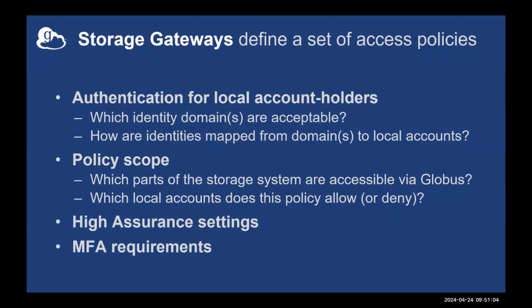Multi-factor authentication requirement: generally we defer to your identity provider, whatever is configured with identity domains if they require MFA, but you can force MFA for high assurance no matter what the other side does.